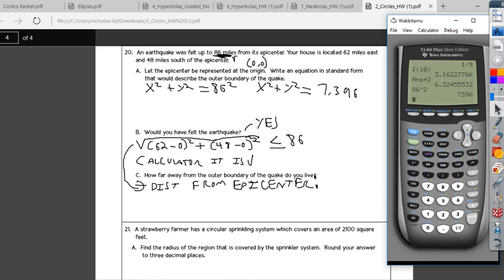It's going to be the square root of 62 squared plus 48 squared.